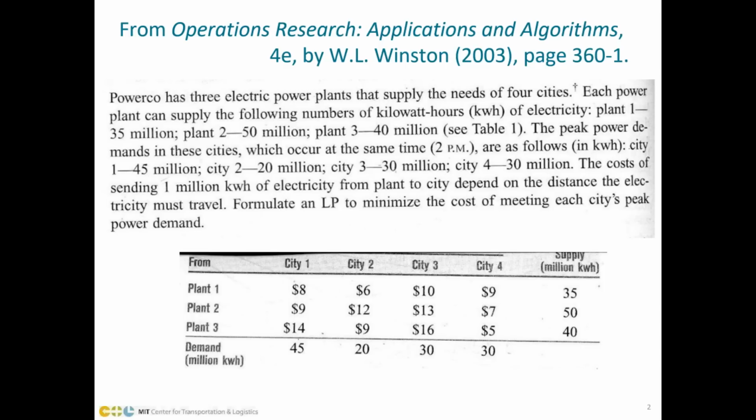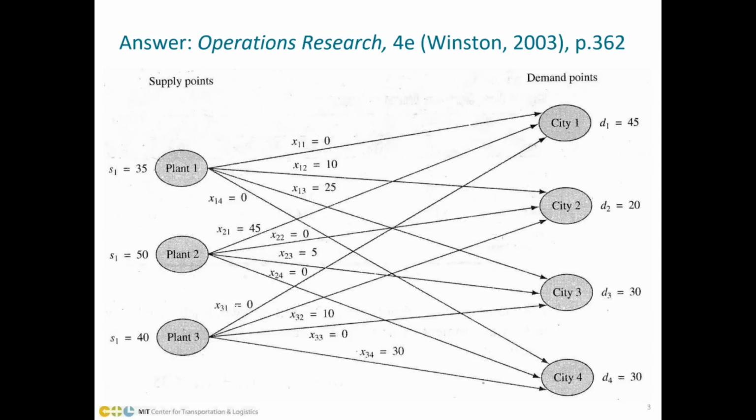And just so that you have an idea of what the solution looks like, let me show you the solution. We have that plant 1 is supplying all 35 that it can provide. And where is it going? Well, 25 are going to city 3, and 10 are going to city 2.